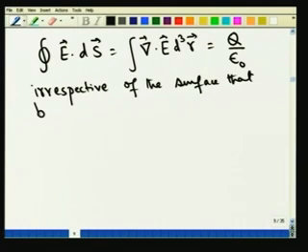It can have any shape. Please remember, this result followed because divergence was equal to 0 everywhere except at the location of the charge.